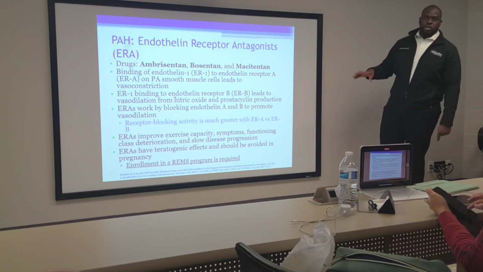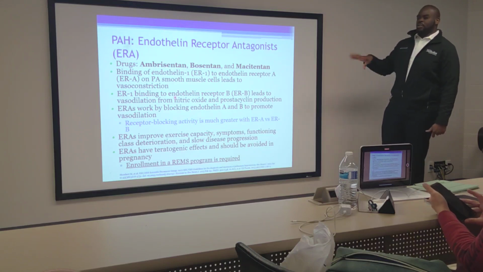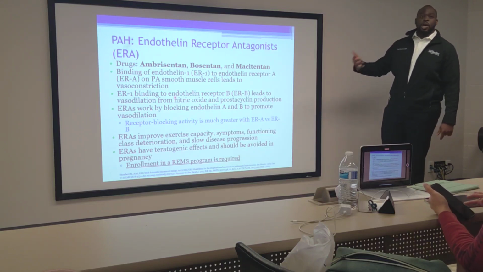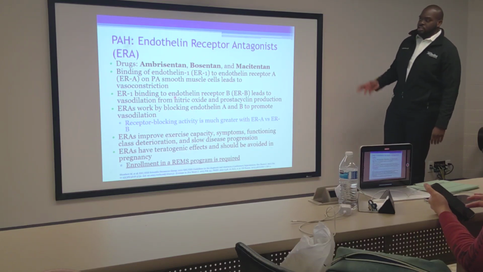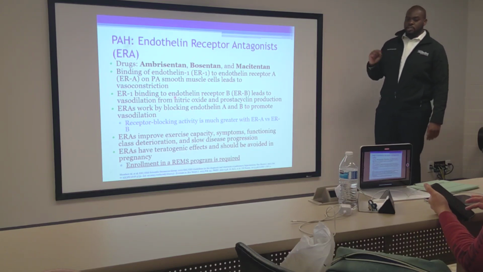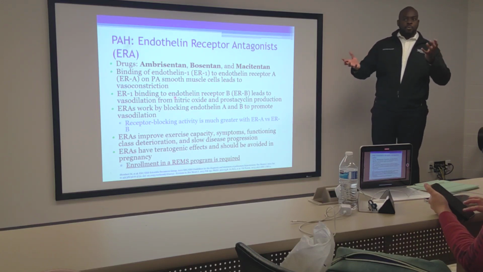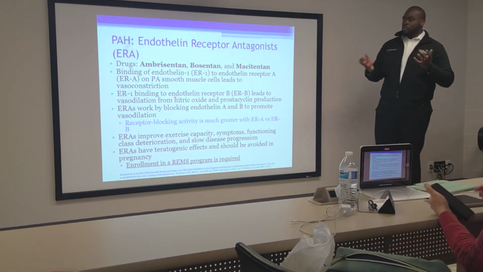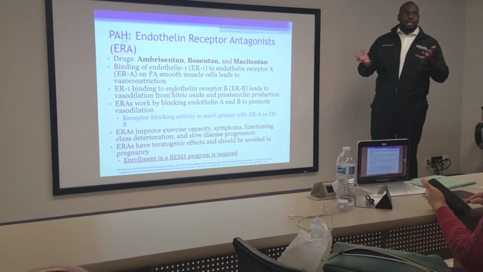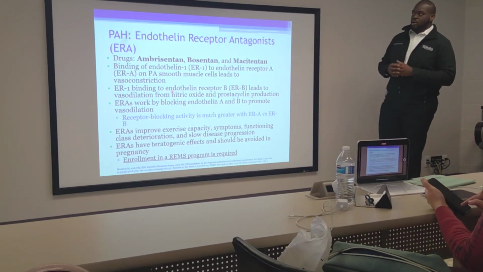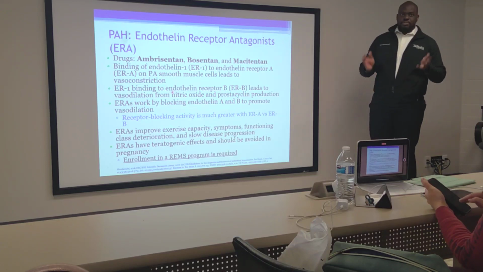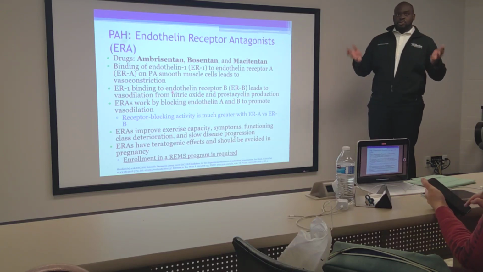So you're blocking more of the ERA that deals with the vasoconstriction, and you're not messing with the ERB because that's actually going to be helping. In a normal person, ERA and ERB are just helping with the hemodynamic standpoint, to maintain that process. As PH suggests, that's become dysregulated, more so with the ERA, and that's why we target the ERA. On top of that, we don't want to miss the ERB as much.